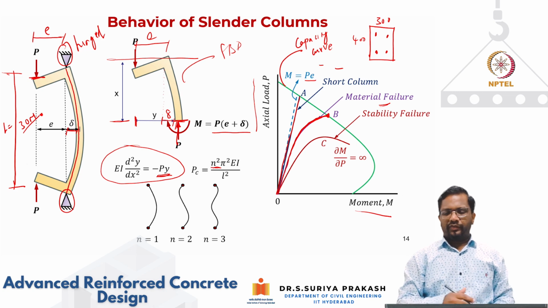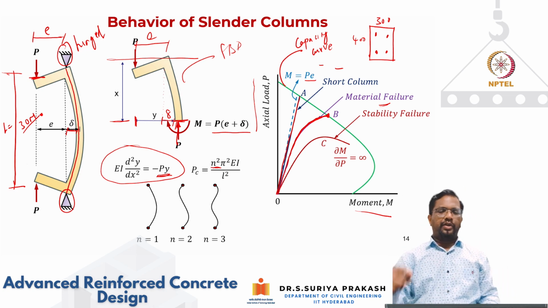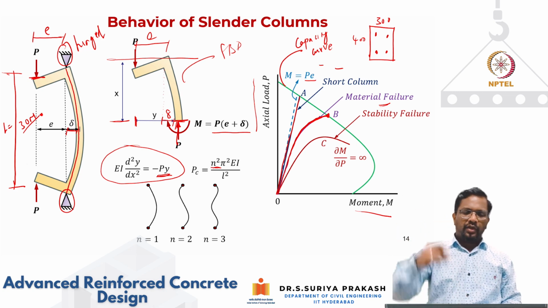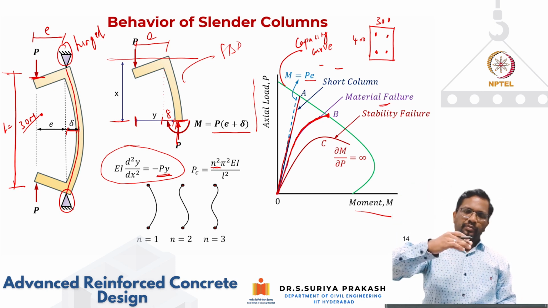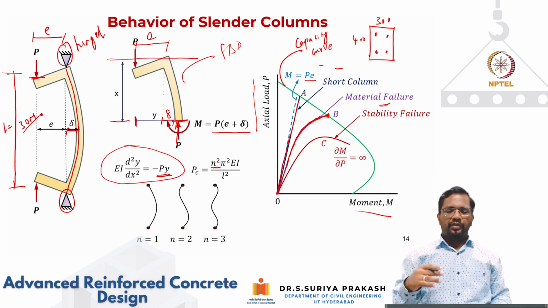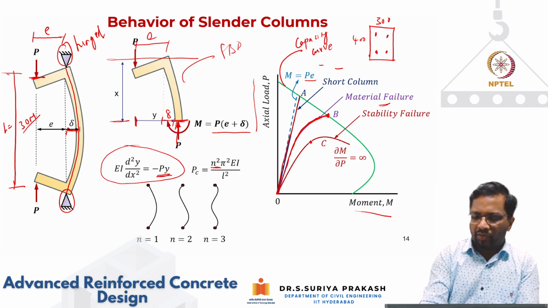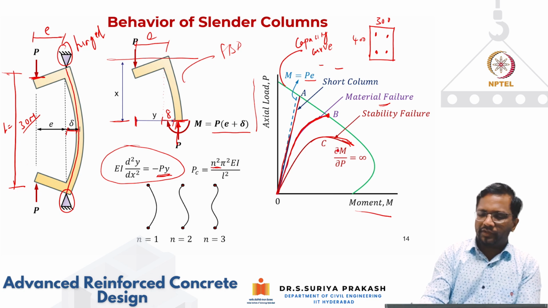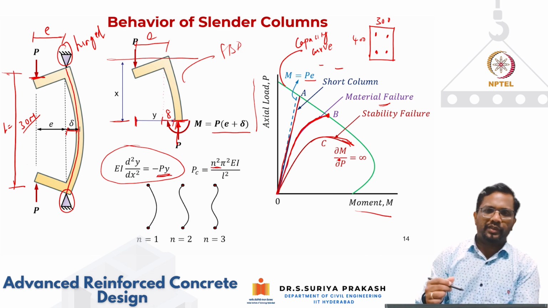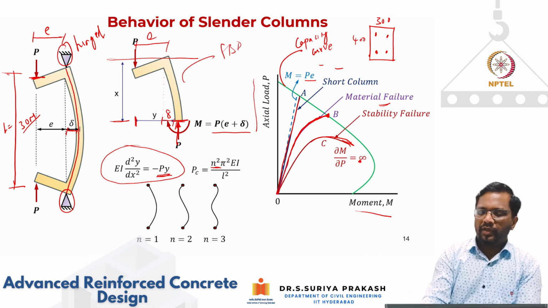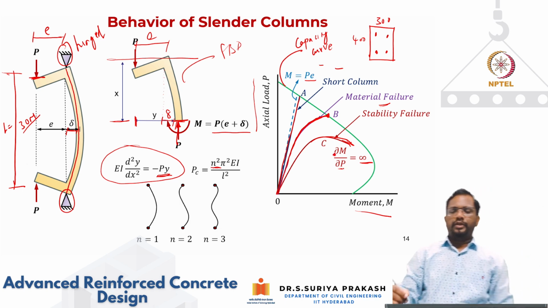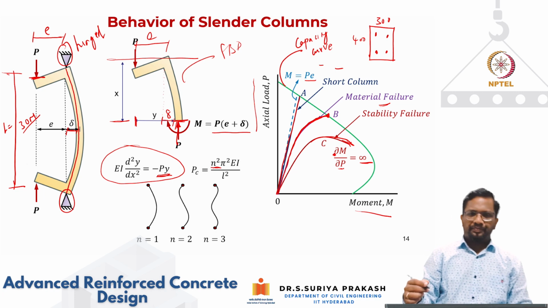In such cases, if you start again plotting the load versus moment curve, that means if I start increasing the load from 0 to high values, then you will find that the curve will become extremely nonlinear, and the slope between moment and axial compression will become infinity, or in other words, the axial compression will reach 0, so the slope will become negative.